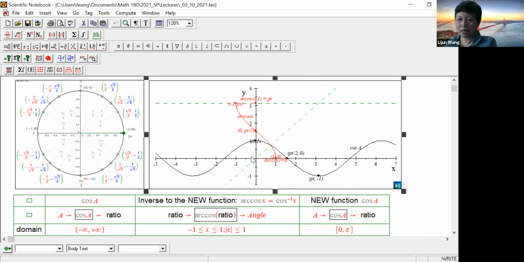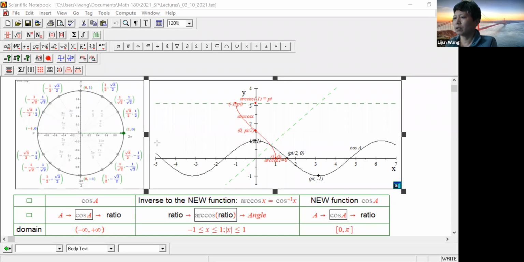And you know the domain for cosine, right? What's the domain for cosine? Everybody knows that, right? Domain for cosine. Let me start from here. I'm going to draw that box.